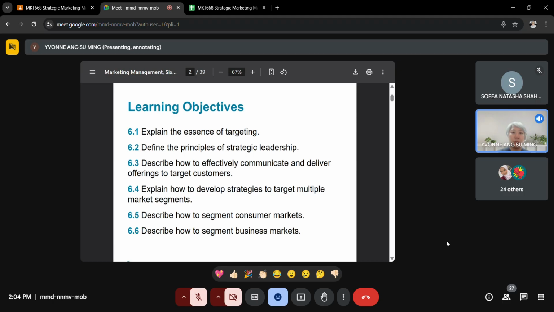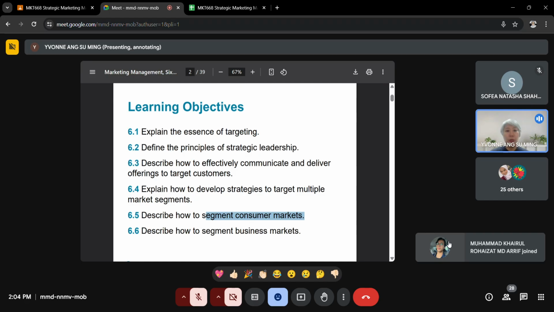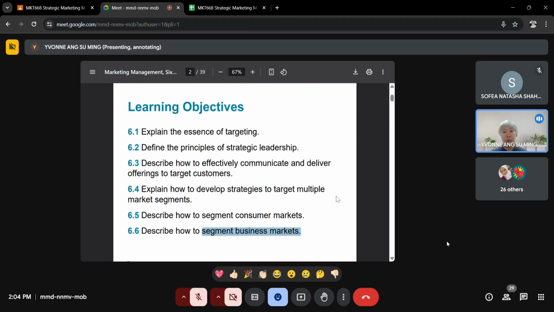And then what are the strategies that we can use for multiple market segments. And then we're going to look at segmenting the consumer markets and also the business markets. So for most of you, I know you're very familiar with segmenting consumer markets. So individuals like you and me, you're very familiar already. But how much time have you given to the business markets? And the fact that business markets themselves can also be segmented.